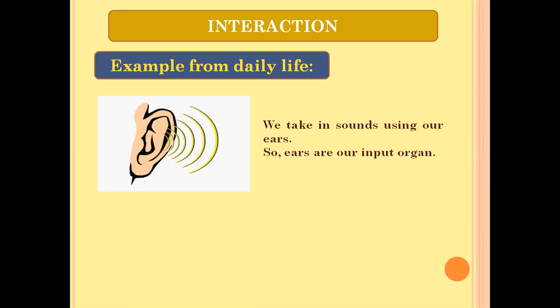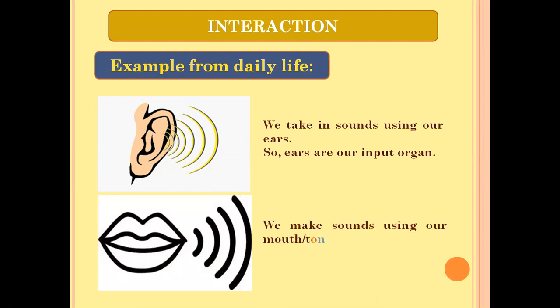And to make sounds, to talk back, we use our mouth or tongue. So this mouth, this tongue is our output organ, as they are making sounds to interact with the other person. Ears are our input organ, whereas our mouth is the output organ.